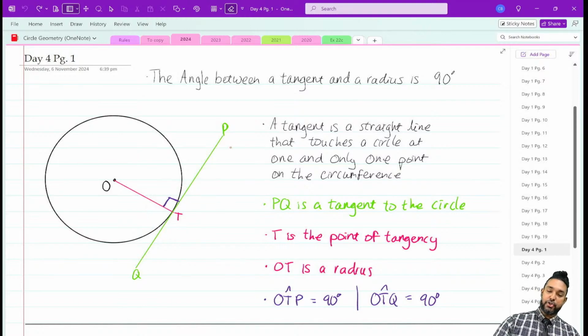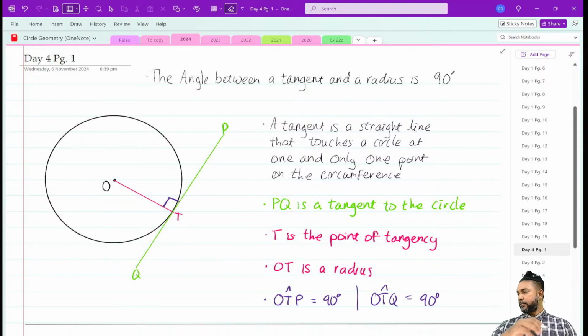A tangent is a straight line that touches a circle at one point on its circumference. And a radius, as you know, is any straight line in the circle from its center to its circumference. And as we know, it can go in any direction, once it is from the center to any point on the circumference.